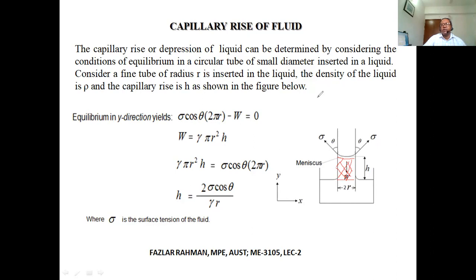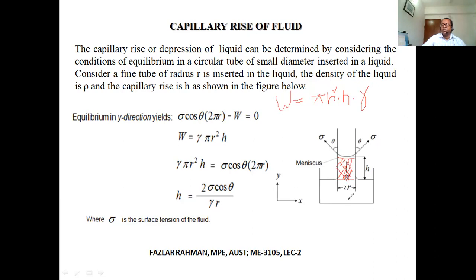The area will be pi r squared. What will be the volume? You multiply by h. This is the volume. So what will be the weight then? You multiply by gamma, that means rho g. This is the weight of this amount of fluid.